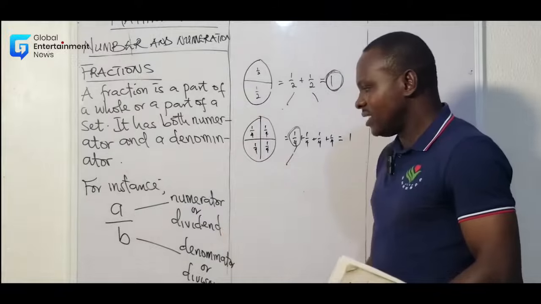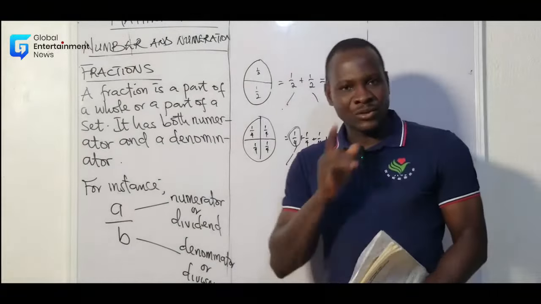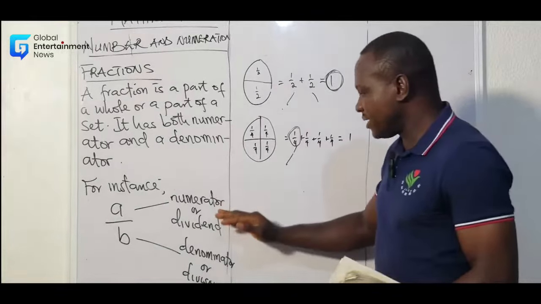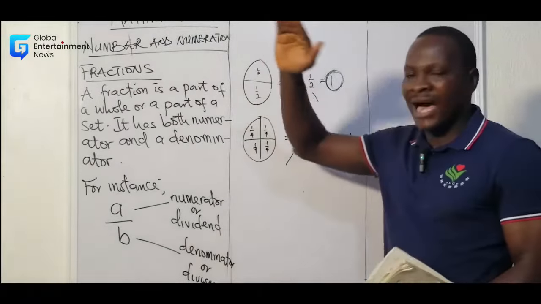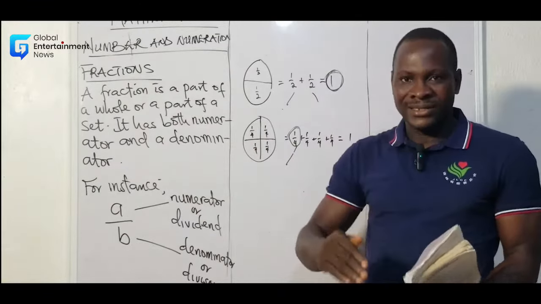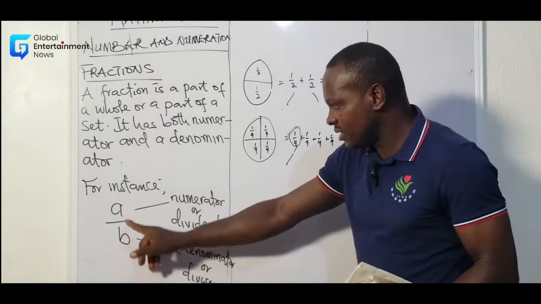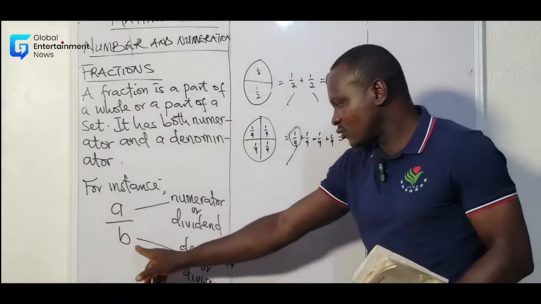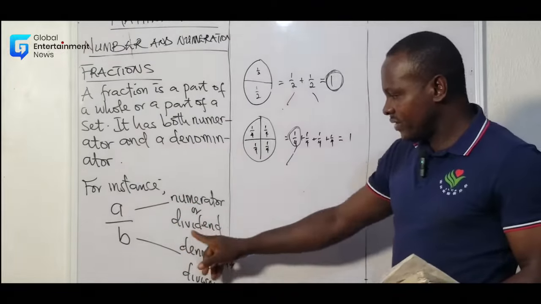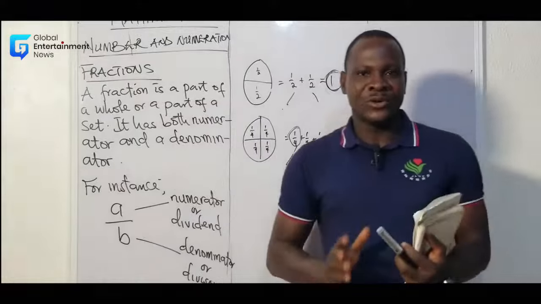Another name for denominator is divisor. And I want you to know that numerators are always written at the upper level, while denominators are always written at the lower level. As in A all over B, this is the numerator, while this one is the denominator.